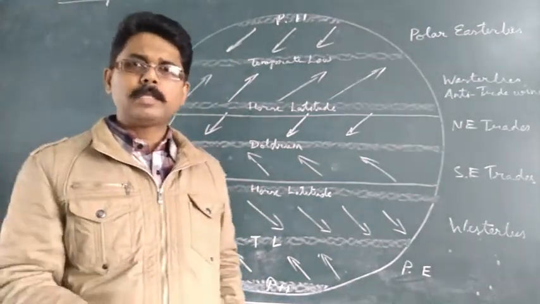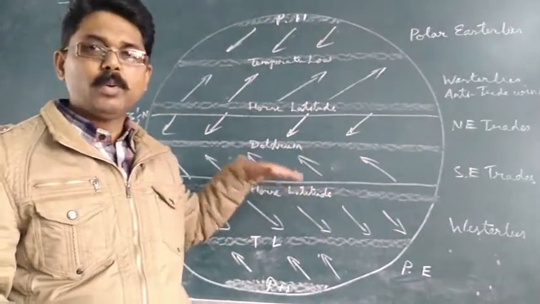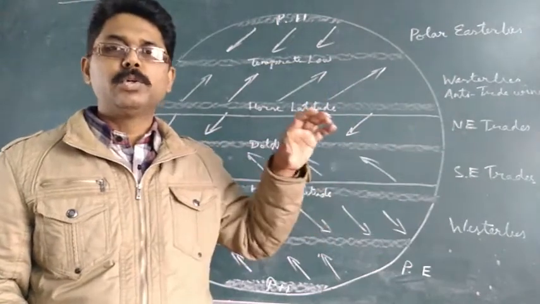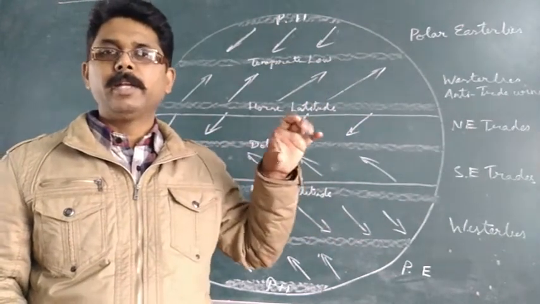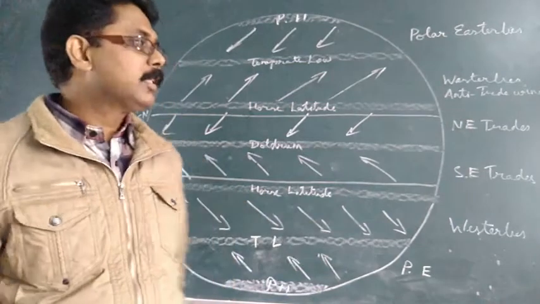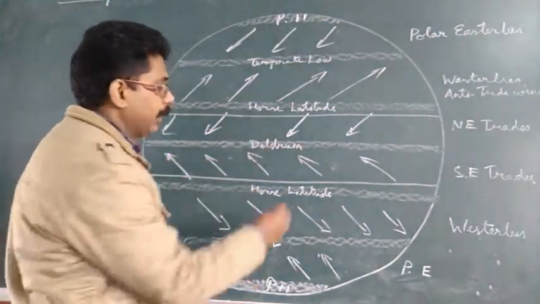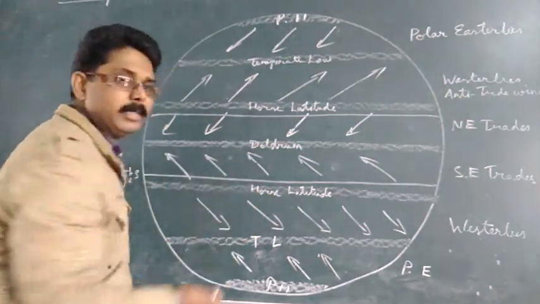Now because of this apparent movement of the sun rays, what happened? Wherever the sun rays fall vertically, the temperature is very intense, very high. And this is why the doldrum also moves. The doldrum shifts upward in the summer season.